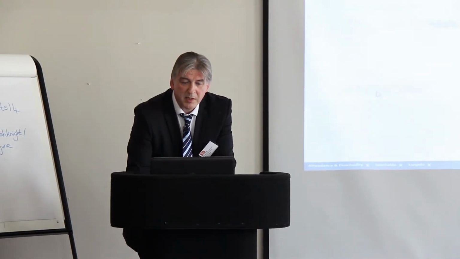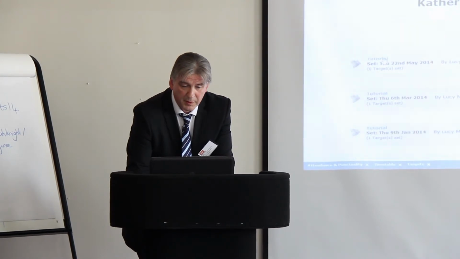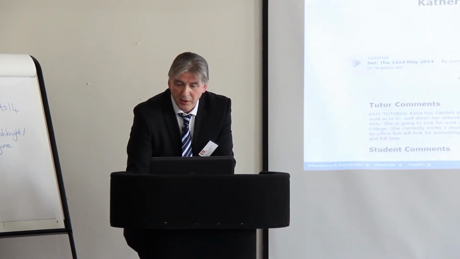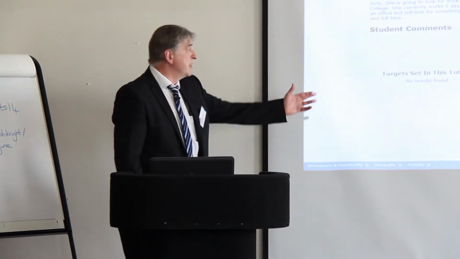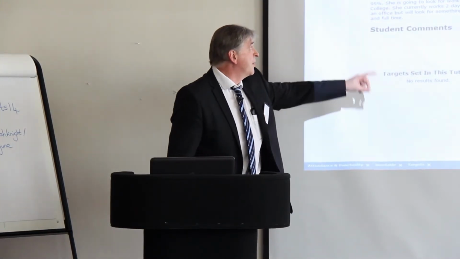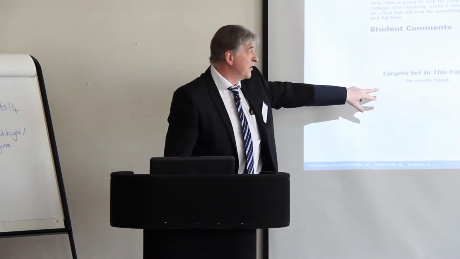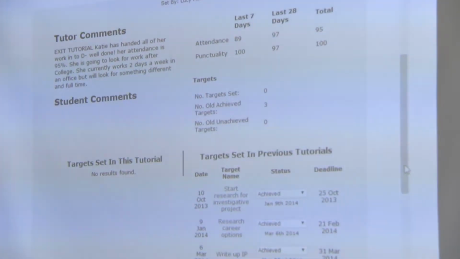And again, we use this as a tool for tracking tutorials as well. So for each tutorial, we've got a summary of the targets that were set. There's an opportunity for the student to add comments, comments from the tutor, targets that were set in the tutorial. Now, as this is an exit tutorial, that's not really appropriate. And also a summary of what happened with the previous targets.